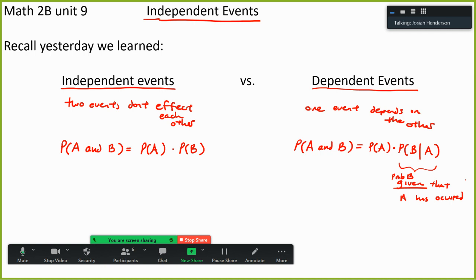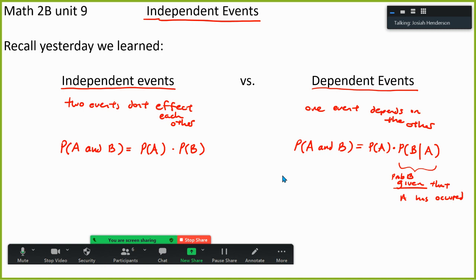So focus on the independent events with me for a second. And then we'll step sideways and look at the dependent events and focus on those a little closer. If two events are independent of each other, so for example, the probability that Manaya picks out a green shirt today and the probability that I pick out a blue shirt today are completely independent, right? It doesn't matter what shirt Manaya picks out.